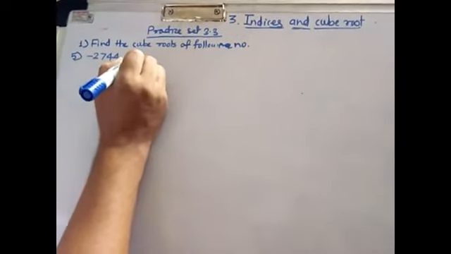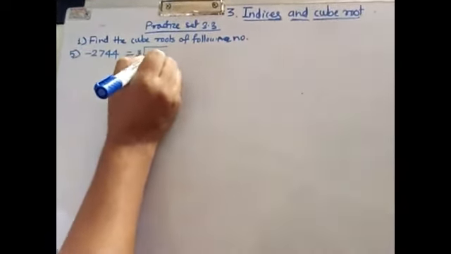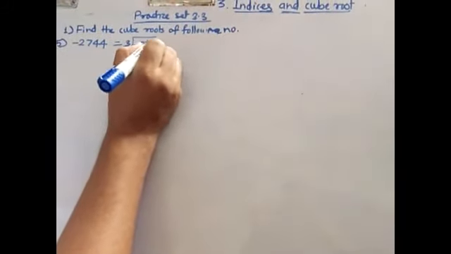Next is minus 2744, we find the cube root of minus 2744.